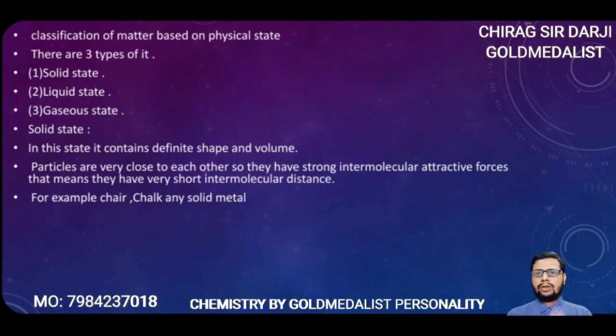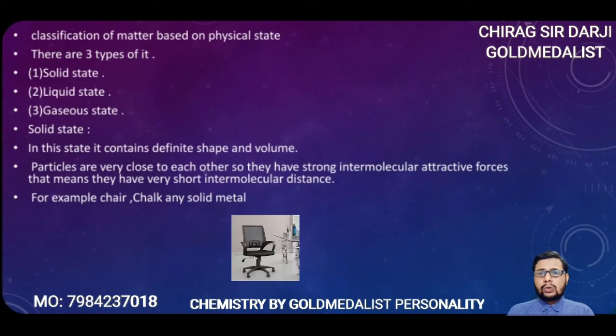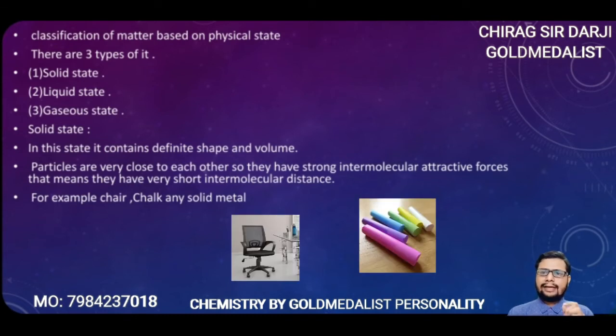Now first is solid state. In the case of solid state, it has definite shape and definite volume, meaning volume and shape both are fixed. Here, in solid state, particles are very close to each other, or you can say they are tightly packed with each other.